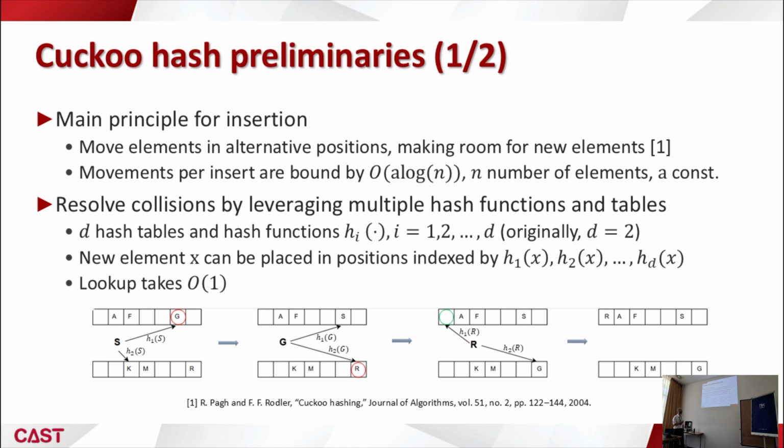We derive the two hashes and check the corresponding memory slots. Here, both slots are occupied, so we select to evict one element, here the key G, and place S in its position. In the next iteration of the insertion process, we check the alternative slot where G can be stored.